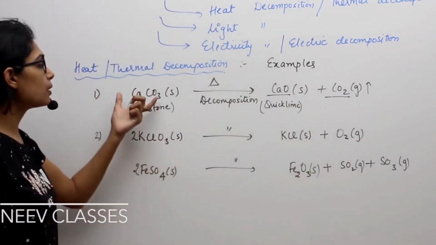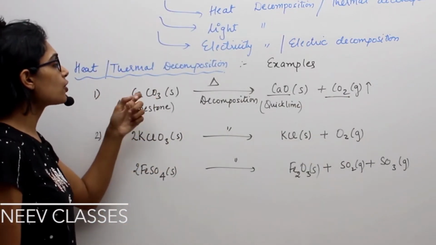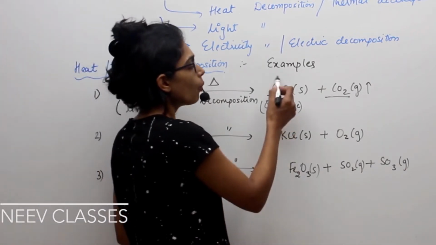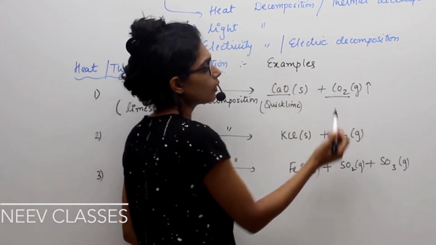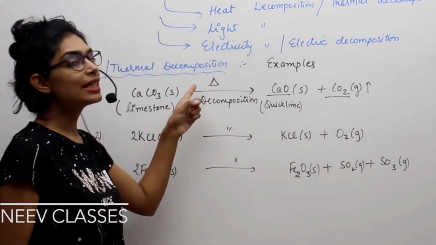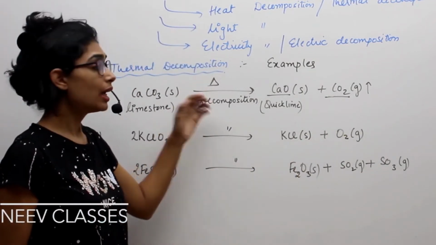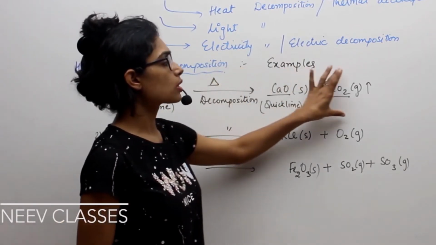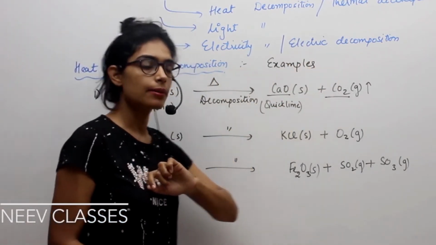So what we can see is calcium carbonate was made up of one calcium, one carbon, and three oxygens. It broke down into two smaller pieces, one with calcium and oxygen and another with carbon dioxide. And that is when heat was supplied. When heat was supplied, calcium carbonate broke down into calcium oxide and carbon dioxide gas.